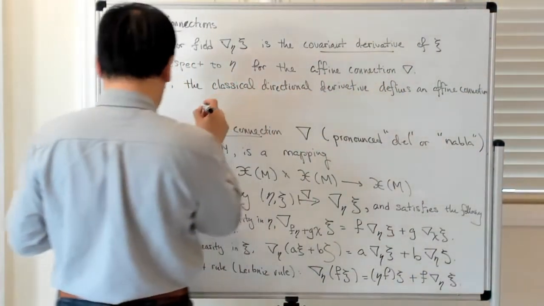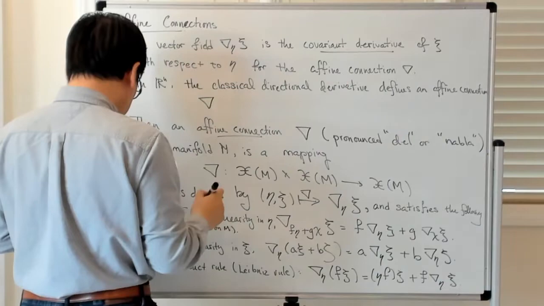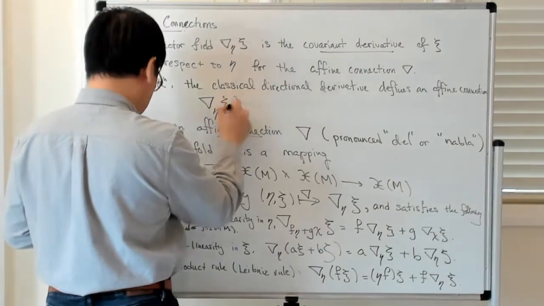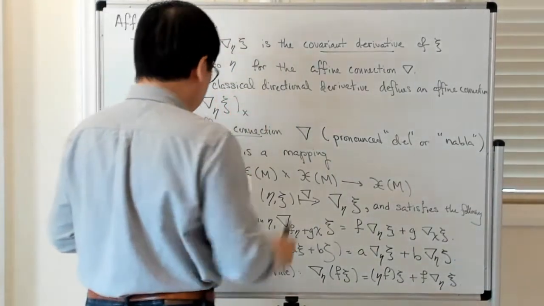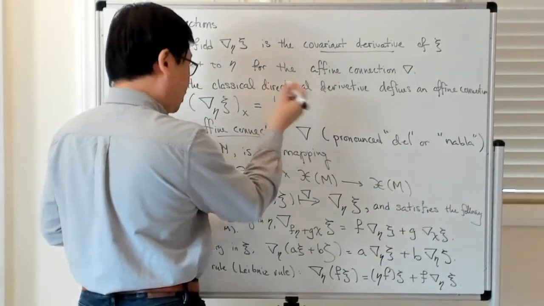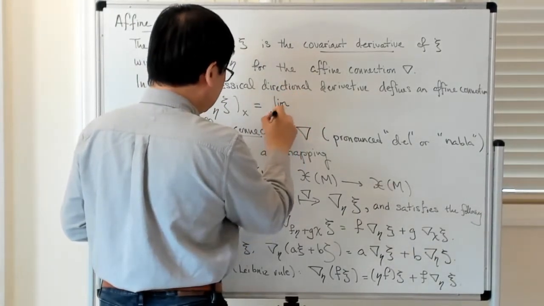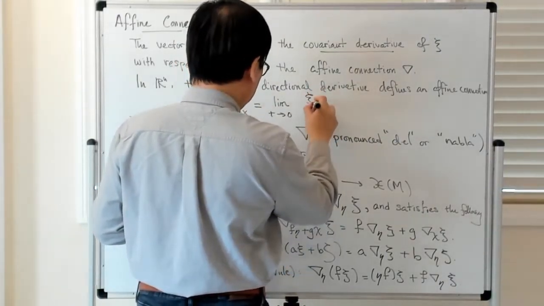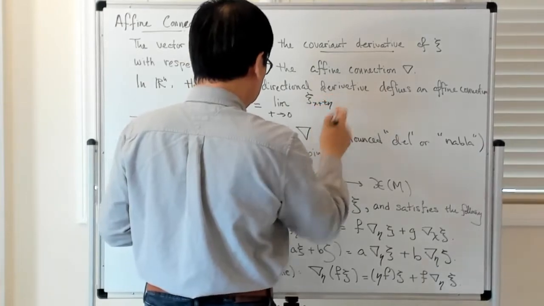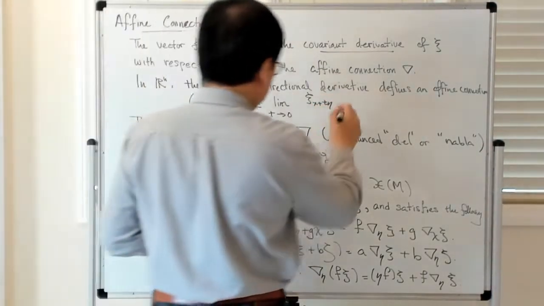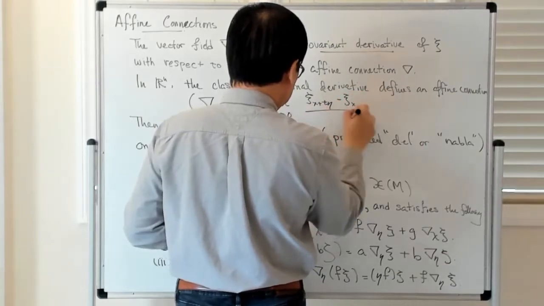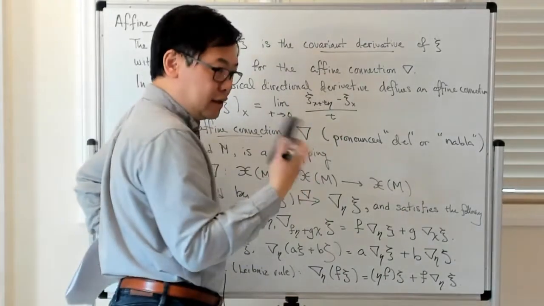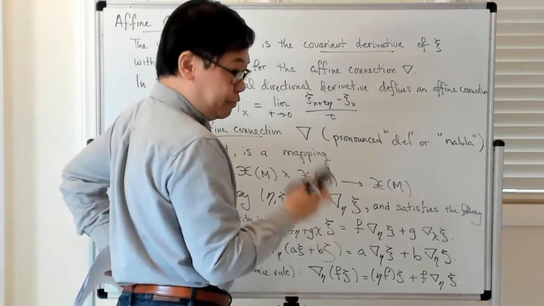Let me write it this way: nabla eta chi at a point x is just, if we're in R^n, the usual limit as t goes to 0 of this vector field evaluated at the point x plus t eta, minus chi at x, divided by t. What I mean by chi sub x is that I'm evaluating the vector field chi at the point x.